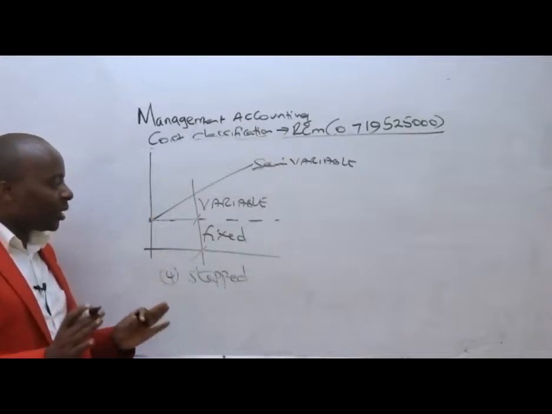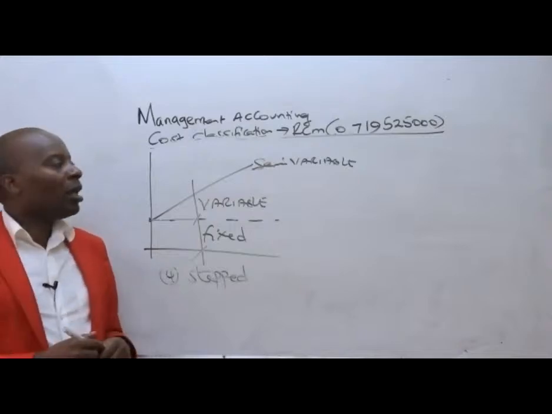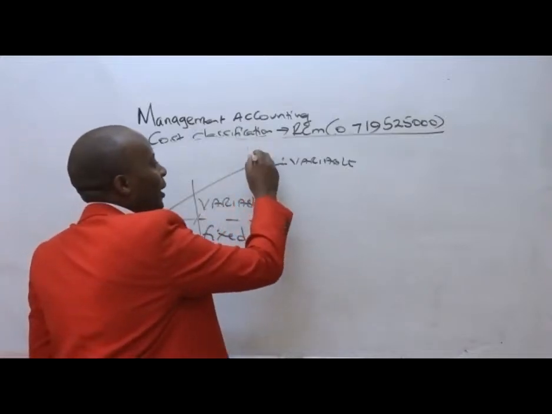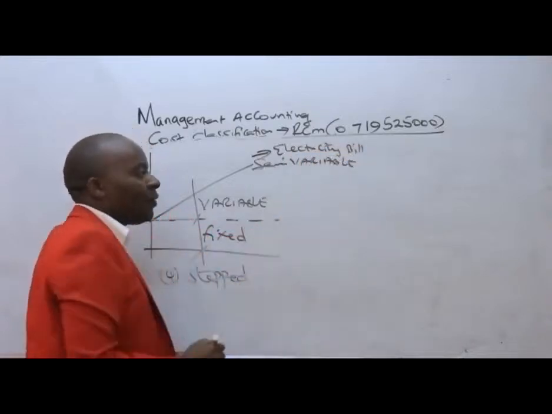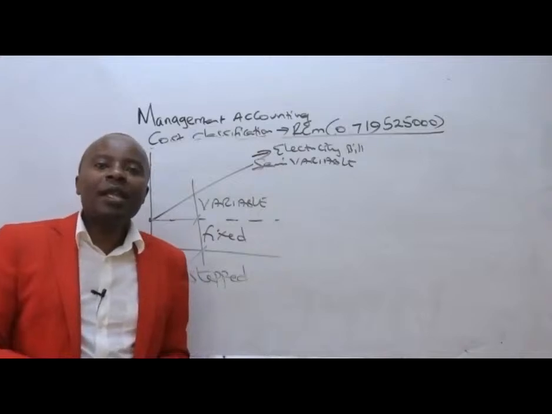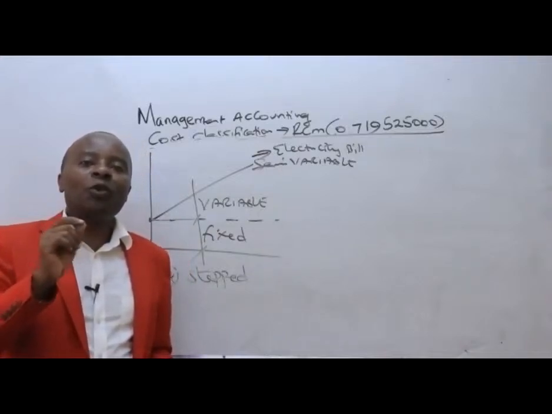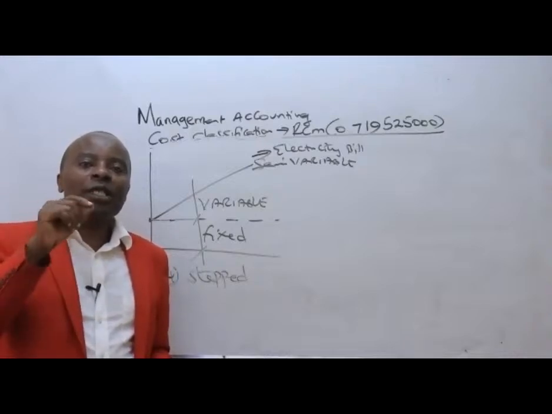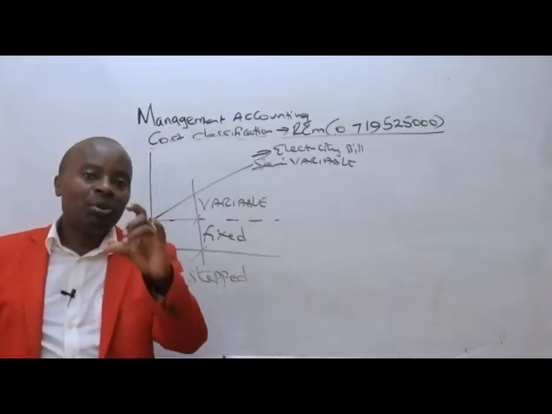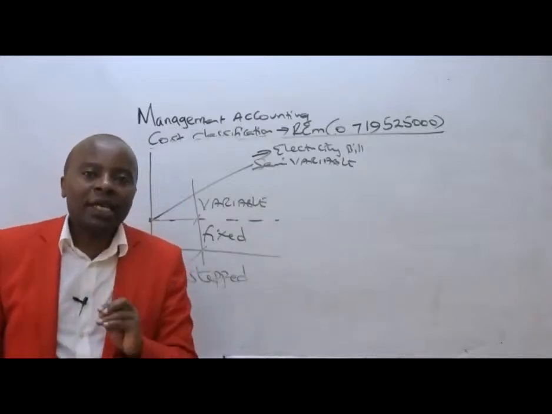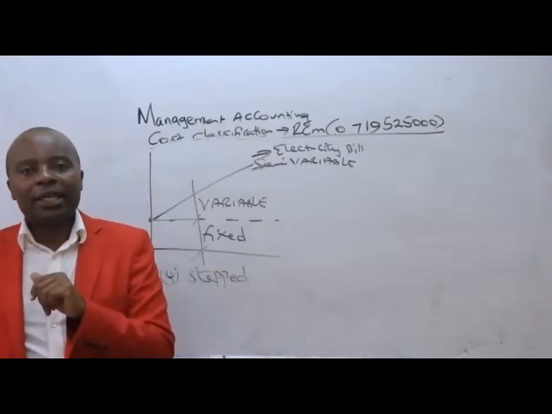Now listen, ladies and gentlemen. If you have, for example, an electricity bill today, trust me that there is a component of your bill that does not depend on the number of units that you consume. There are those Kenya shillings, or whatever currency you're using, which will be put onto your bill and are dependent on periodicity, monthly, like Kenya shillings 120.